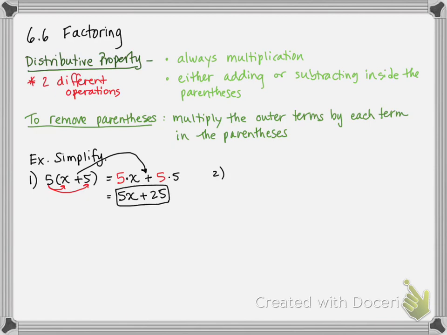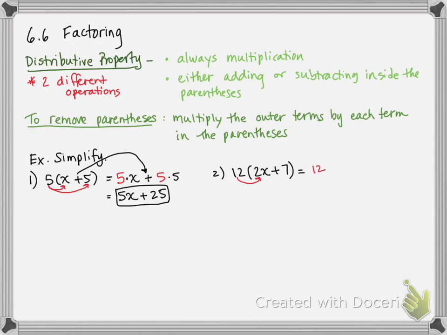Okay, let's do one more. Let's get a little bit more complicated. 12 times the quantity 2x plus 7. So we're going to go ahead and multiply each term inside by the 12 on the outside.